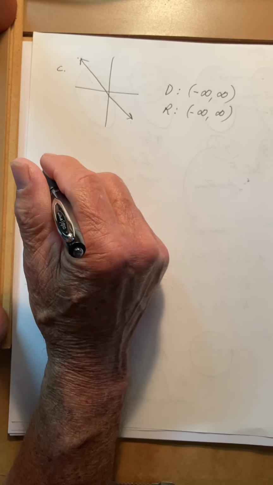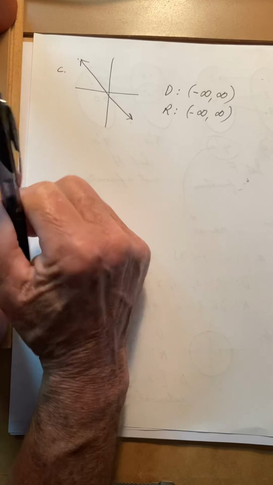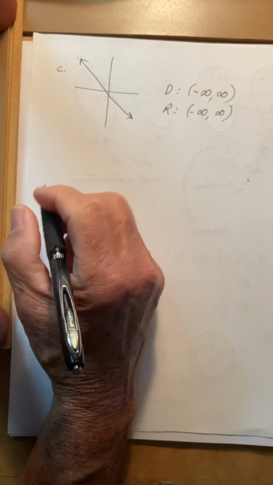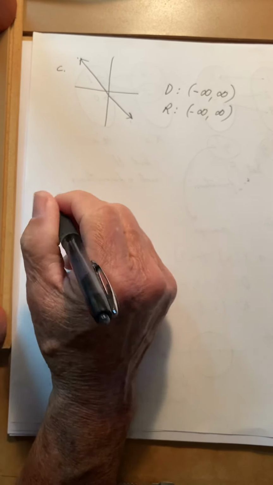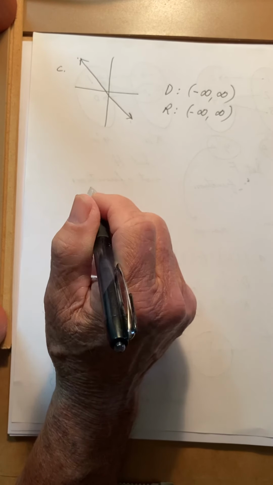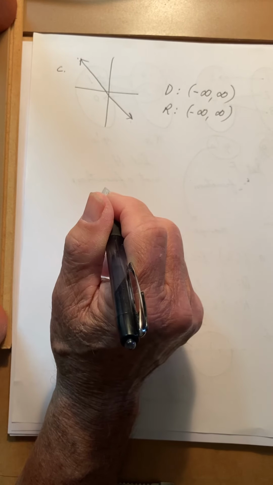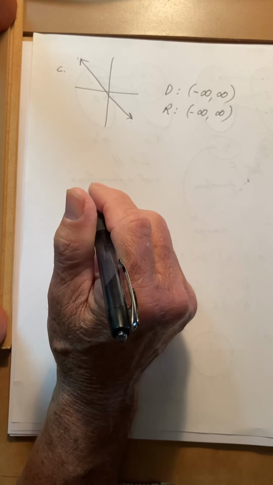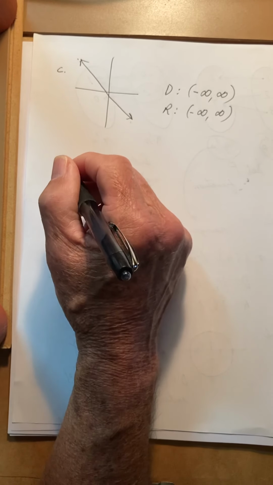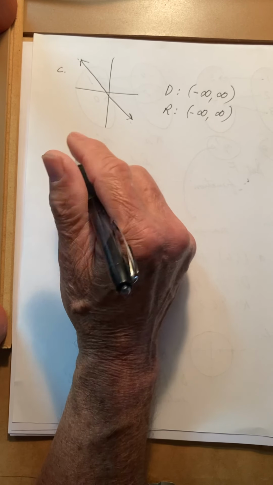On your notes, you'll see something called agreement on domain, and that simply says that unless specified otherwise, the domain of a relation is assumed to be all real numbers that result in a real number for the dependent variable. So in other words, any x that gives you a y value that's a real number. There are two special exclusions to this. One is division by zero, because we know that division by zero is not possible.